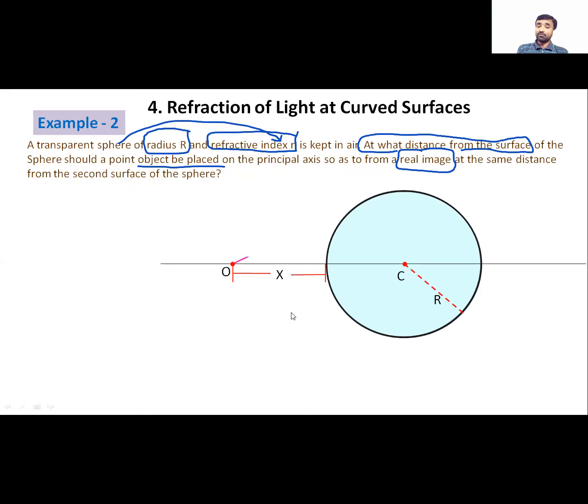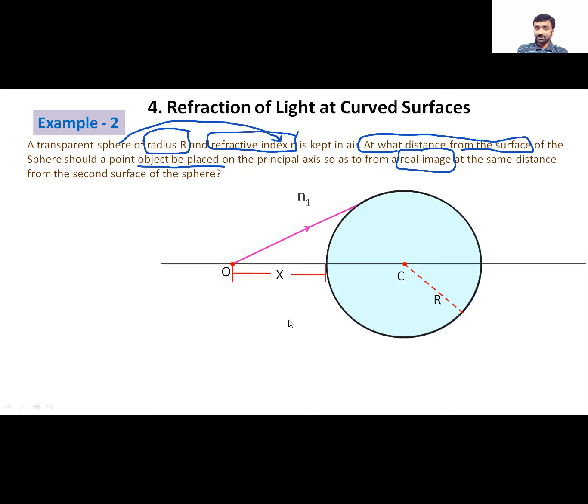Then I am considering the rays. One is along the principal axis and the other meets the surface at a certain height. Where is the ray first, in the medium air or in the sphere? The light ray started from the object in air.